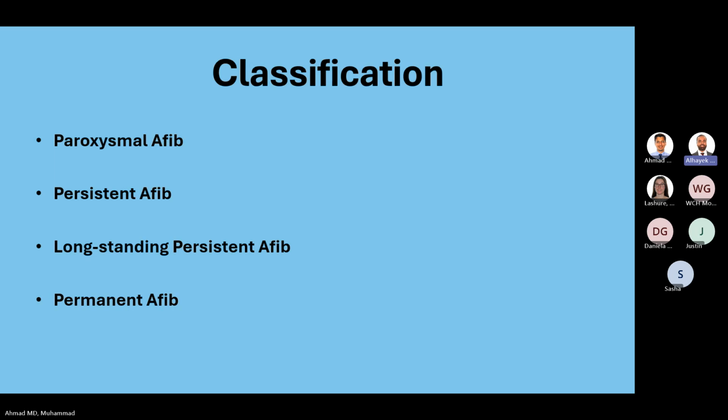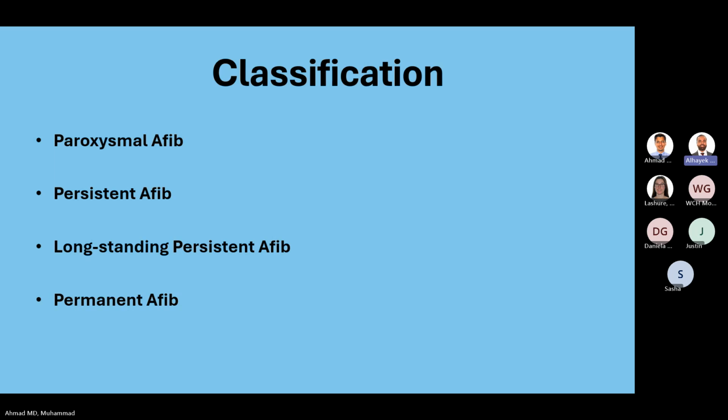So, classification of AFib. Paroxysmal AFib is AFib that's intermittent and terminates in less than or equal to 7 days from its onset. Persistent AFib is AFib that is continuous for greater than 7 days. Long-standing persistent AFib is AFib that is what? Who can answer? Exactly, you're right, greater than 12 months.